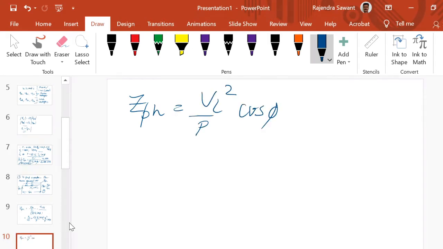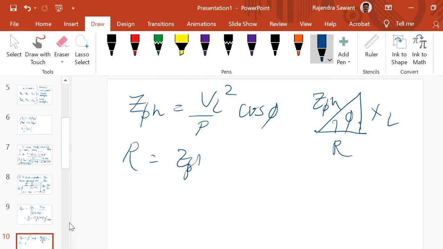A very simplified expression. Now let us go back to the impedance triangle. This is R, this is XL, this is ZPH, and this is phi, the power factor angle. So we can write R as ZPH cos phi, which is VL square upon P into cos phi, that is, cos square phi.